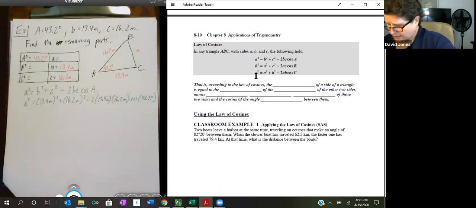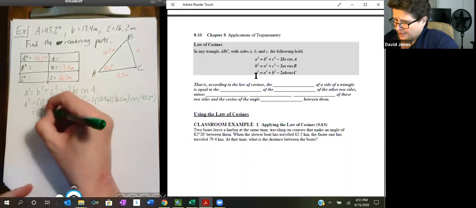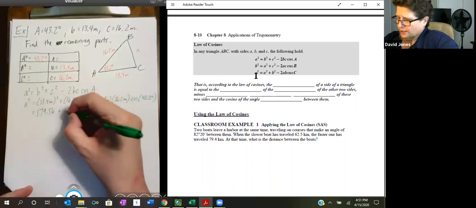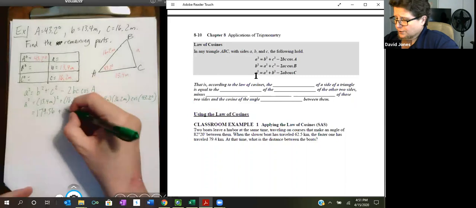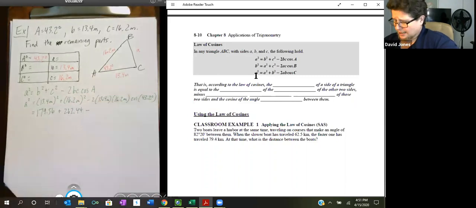So let's see, 13.4 squared is straight up, no rounding, 179.56. 16.2 squared is 262.44. Then we're going to subtract.